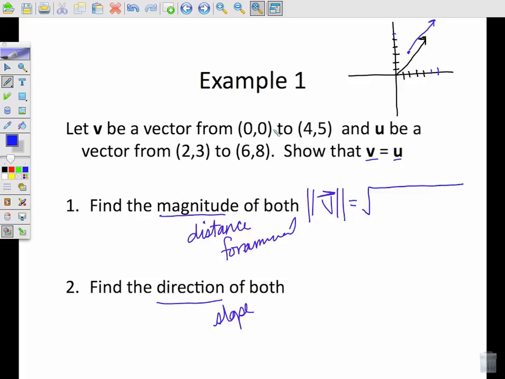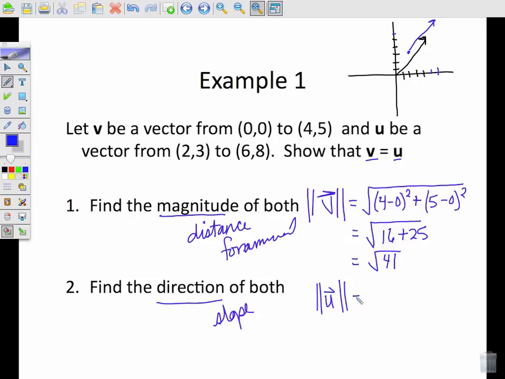So square root of 4 minus 0 squared plus 5 minus 0 squared. This is equal to the square root of 16 plus 25, which is the square root of 41. So the length or the magnitude of vector v is the square root of 41.